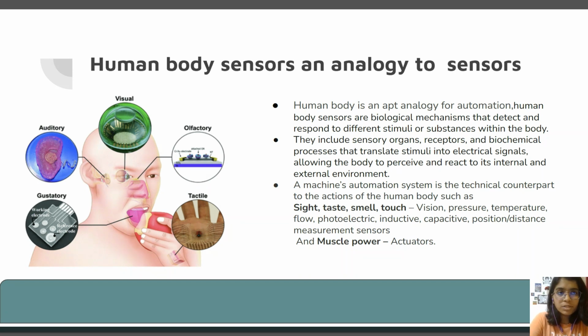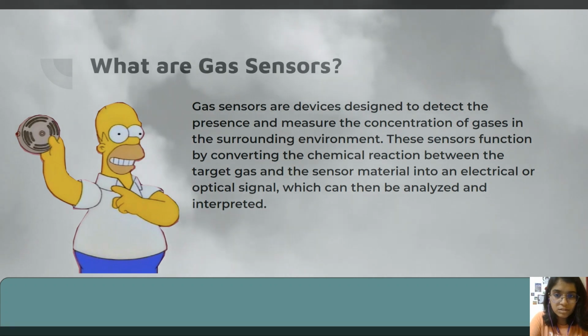Similarly, when we talk about gas sensors, we compare them with our olfactory sensing mechanism, our nose, which can perceive 1 trillion different odors. But the basic thing that brought the need for a gas sensor is that our nose can't label different concentrations of gases present in the atmosphere. So here comes the entry of gas sensors.